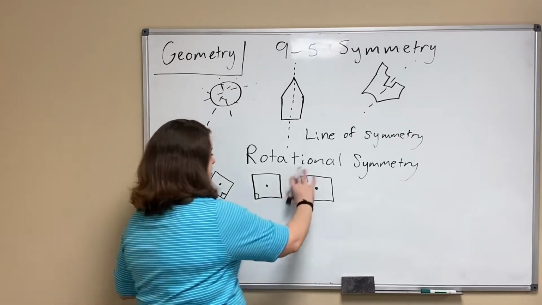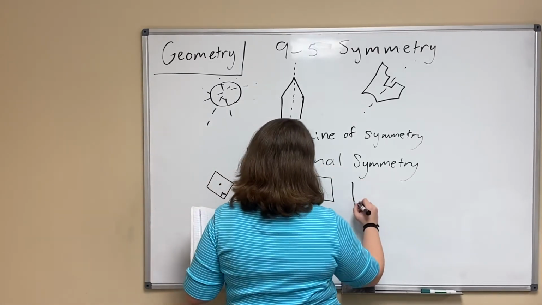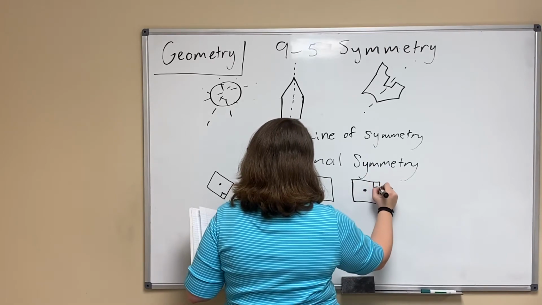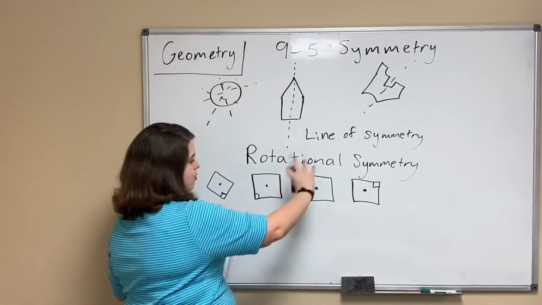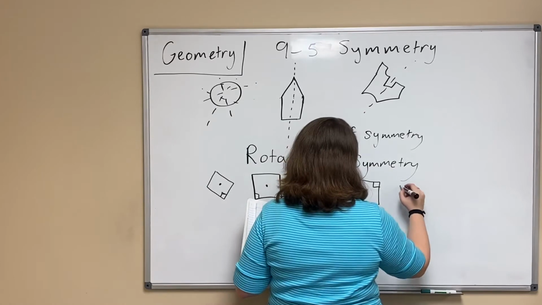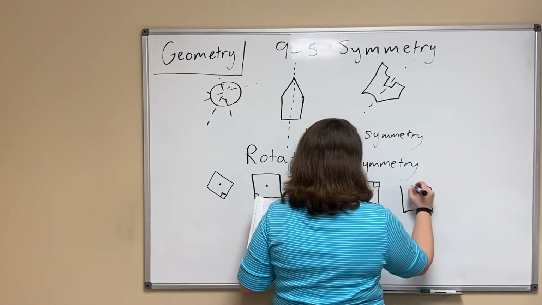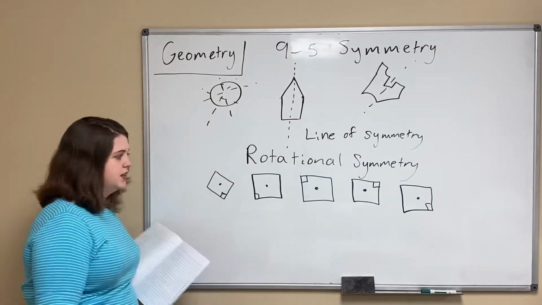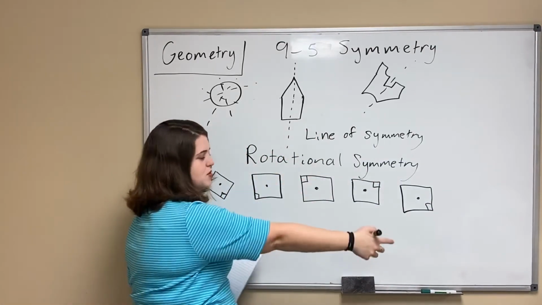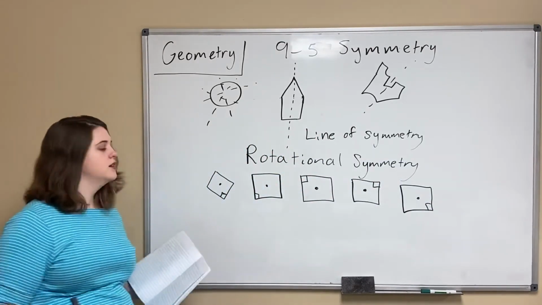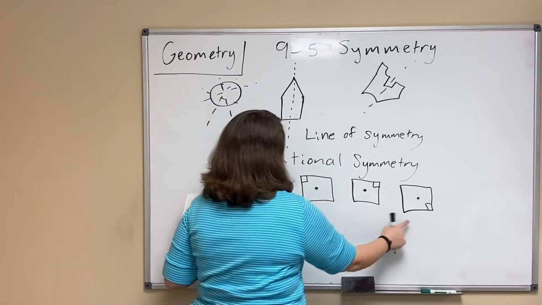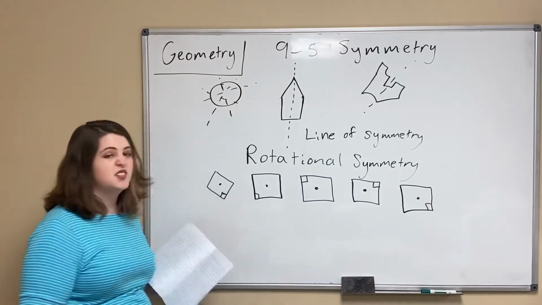It also has 180-degree rotational symmetry. If I did one more time, it has 270-degree rotation. Then if I rotated it 90 more degrees, we'd be back where we started, right? So you can rotate this square 4 times and it'd still be a square.